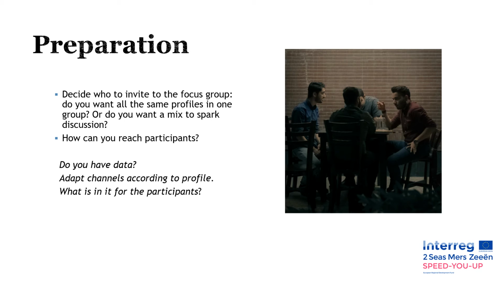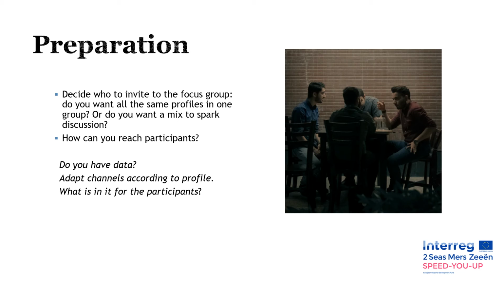Another thing you have to do in advance is think about how you want to reach your participants. Maybe you have some data already from previous phases, and of course it's great if you can start a focus group by addressing everybody that you already have a list of. If you have to start from scratch and you have no list that you can count on to reach your participants, it's good to keep in mind which channels you can use, and you basically want to use the channels that your participants use.